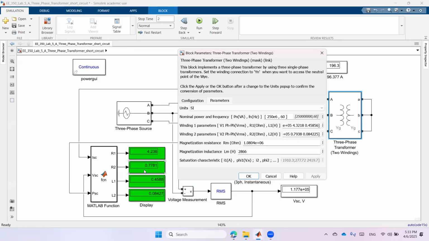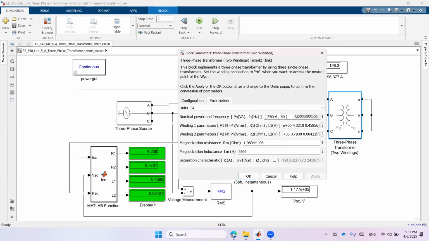For R2, it is 0.7781, and R2 here is 0.7938, again a close value. For L1, it is 0.4588, and L1 here is 0.4585.